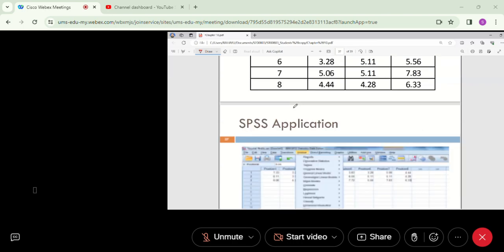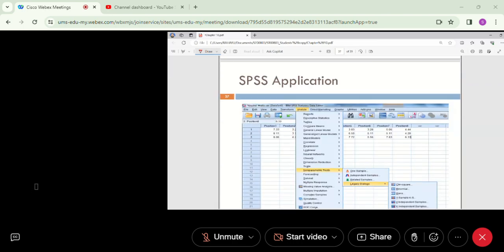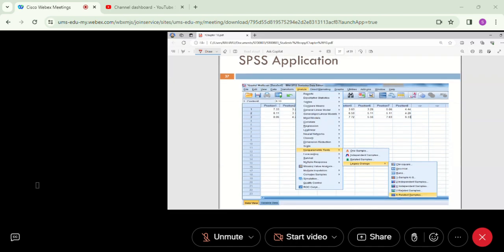Okay. And so now when you key in your data, it is the same as the way you key in your data for the dependent samples. So position 1 until position 8.